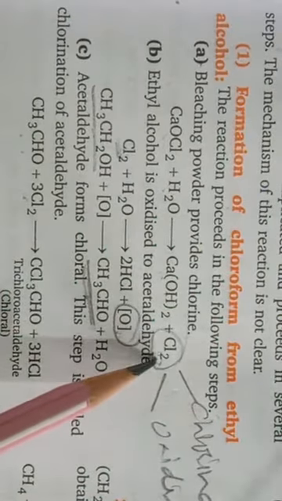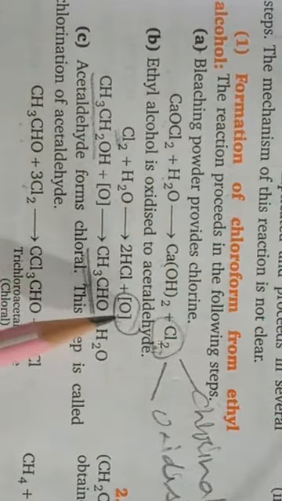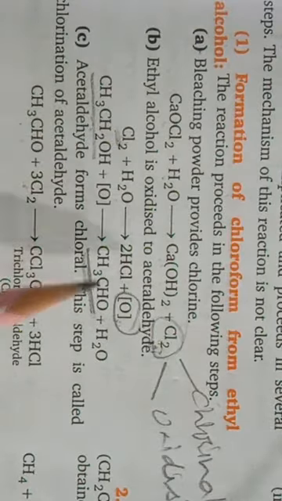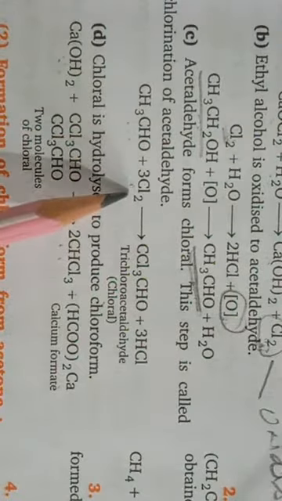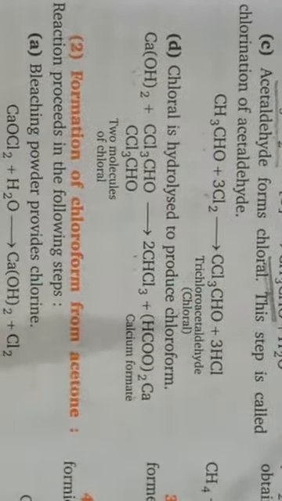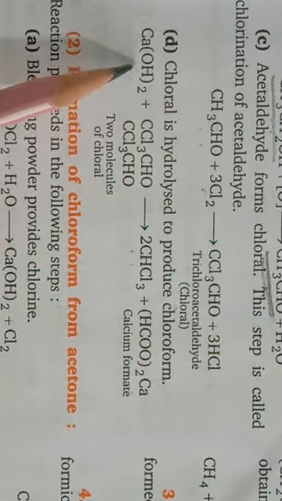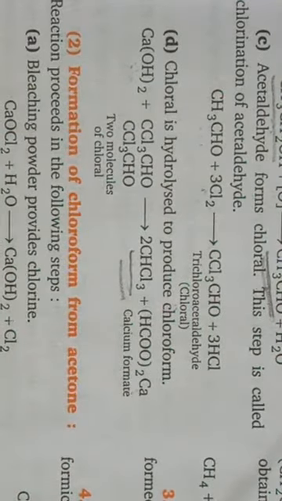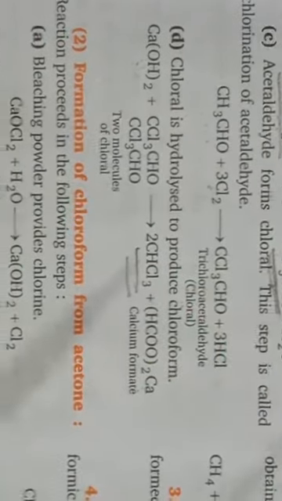This chlorine reacts with water to form nascent oxygen, and this nascent oxygen oxidizes ethanol to ethanal. Then in the next step, ethanal with chlorine forms chloral, and this chloral reacts with calcium hydroxide formed in step A, and chloroform and calcium formate are formed. Okay children, so this is the overall formation of chloroform from ethyl alcohol.